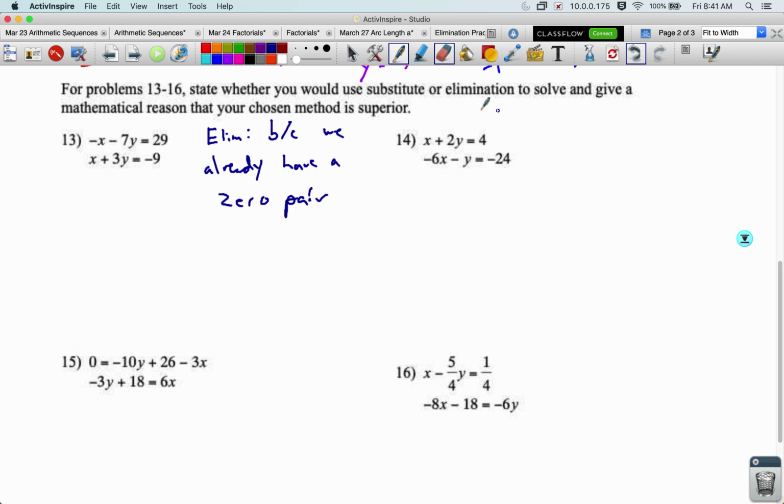All right, now for number 14, you could actually go with either as long as you defend it. Maybe you want to do substitution because the x in the top equation is easy to isolate.